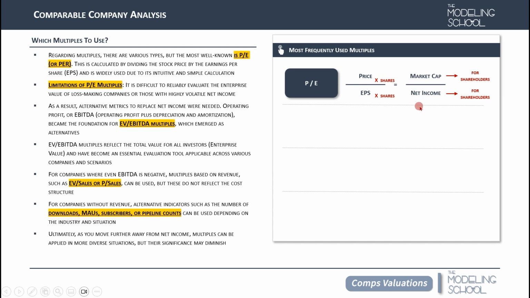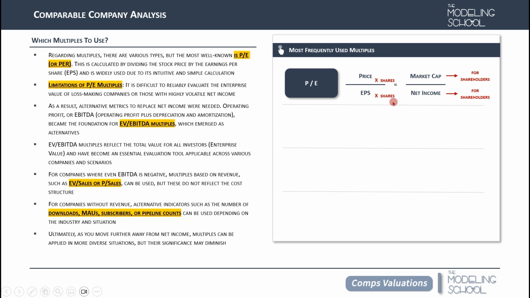But in actual practice, as you all probably know, it's very uncommon for many companies to have positive net income, especially over some time period. So unless it's a very stable industry, a very mature industry, PE multiples are sometimes very difficult to utilize.